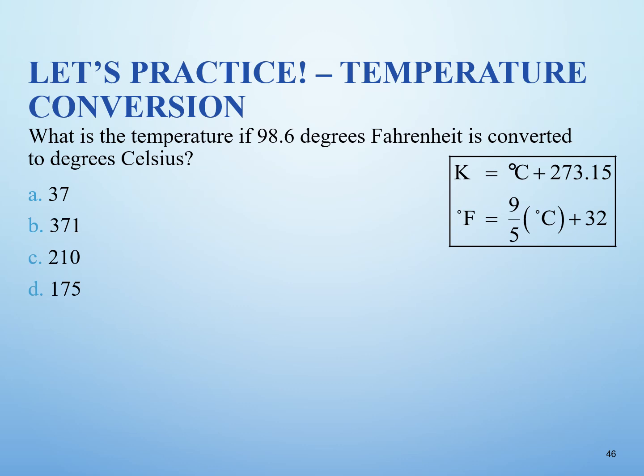Right now we have Fahrenheit, so 98.6 F equals 9/5, whatever our Celsius answer is, plus 32.